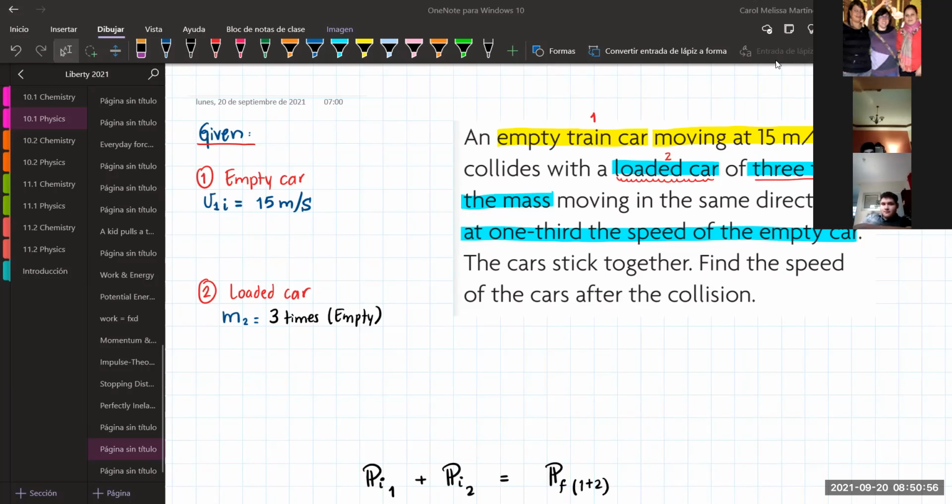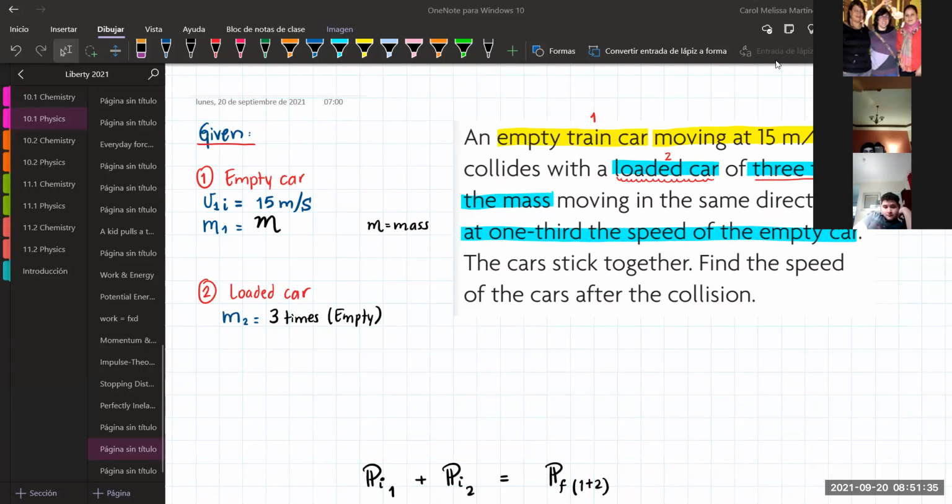So I will call the mass of my empty car with a variable. Let's use variables like it is math class, like this is algebra class. I'm going to call the mass of the empty car with a letter. I like it to be m because remember, m is mass. So m is the mass of my empty car.